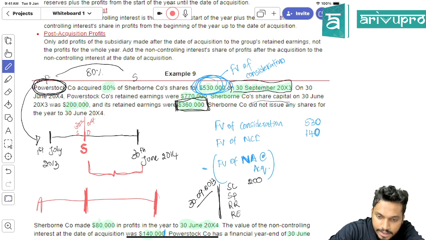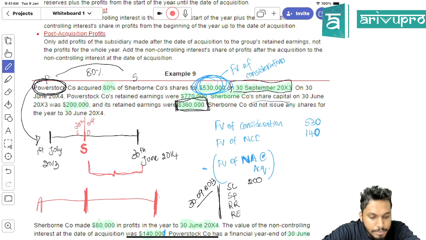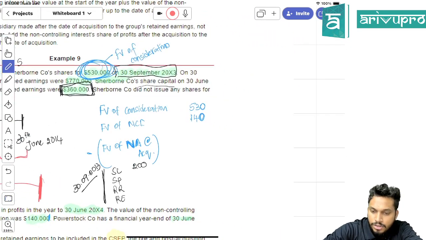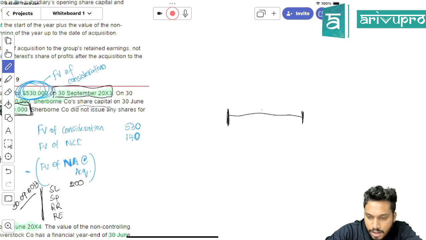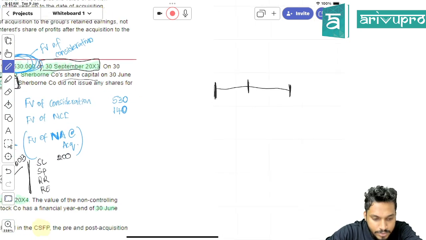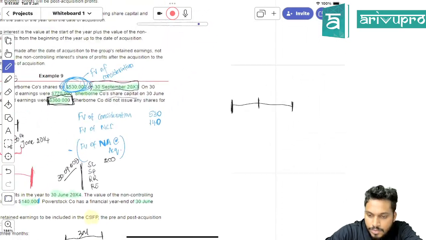Yet again they are telling that Sherburne Company made 80,000 worth of profits in the year up to 30th June 2014.